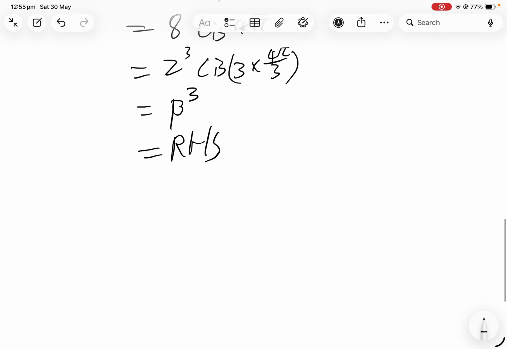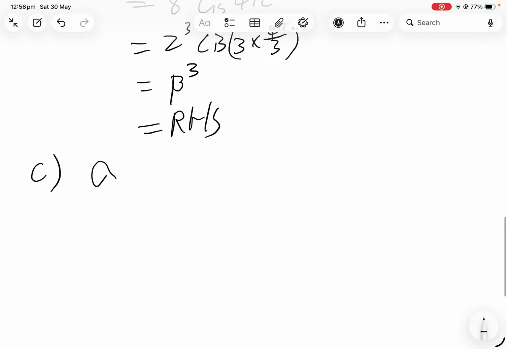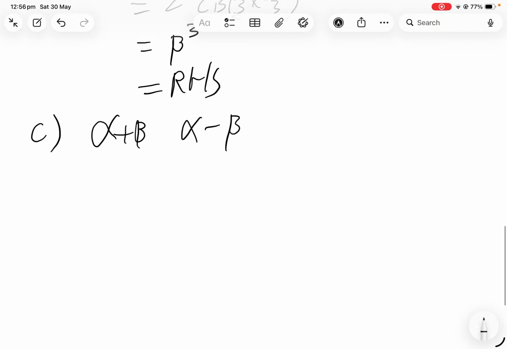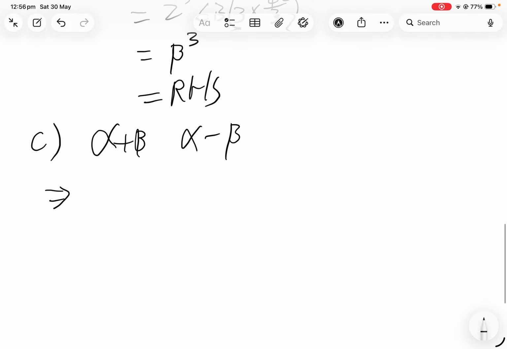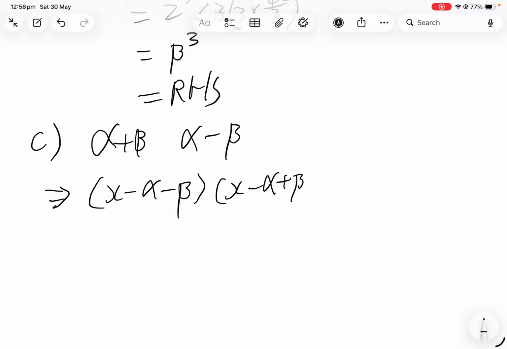That's right. And then for part C, also find the quadratic polynomial for which the roots are alpha plus beta and alpha minus beta. So if the roots are alpha plus beta and alpha minus beta, that just means the polynomial should be x minus alpha minus beta, times x minus alpha plus beta, equals 0.